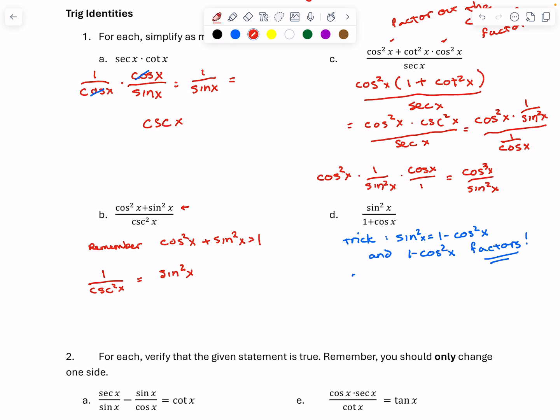So we're going to have 1 minus cosine squared over 1 plus cosine. And 1 minus cosine squared is a difference of squares. Oh, look at that. The 1 plus cosines cancel.